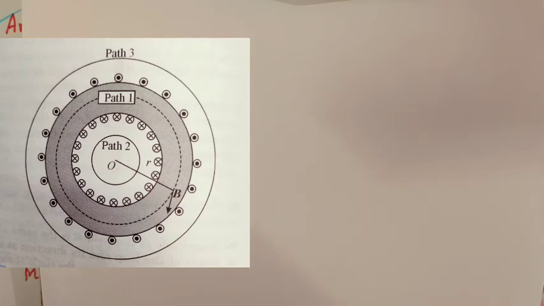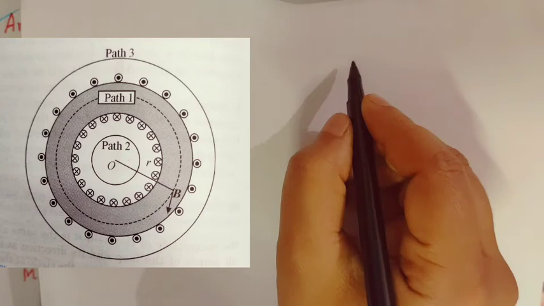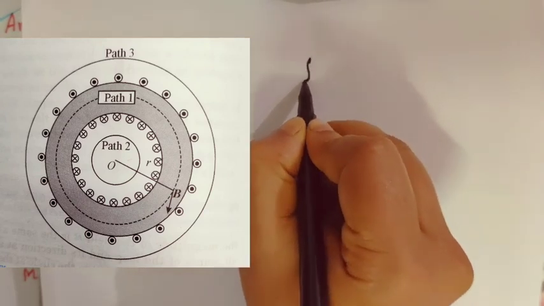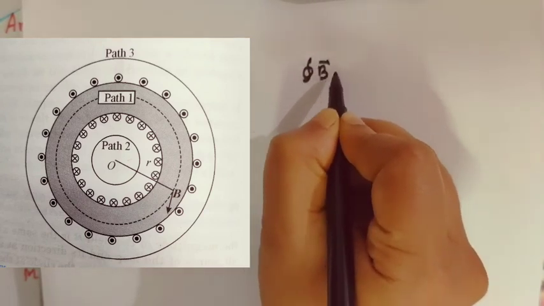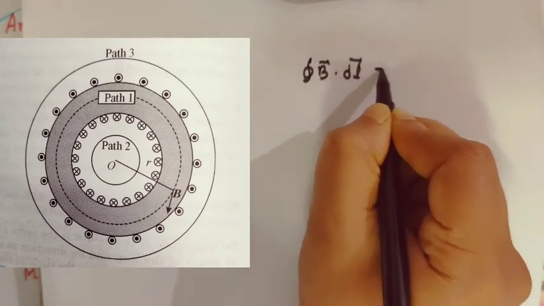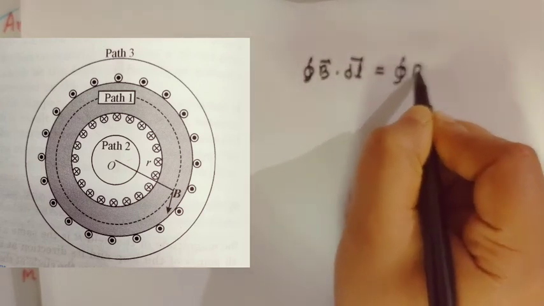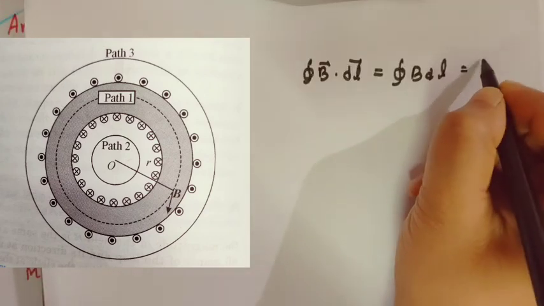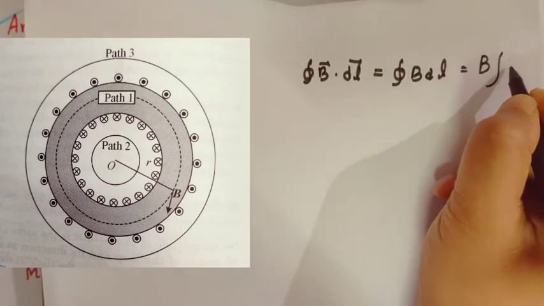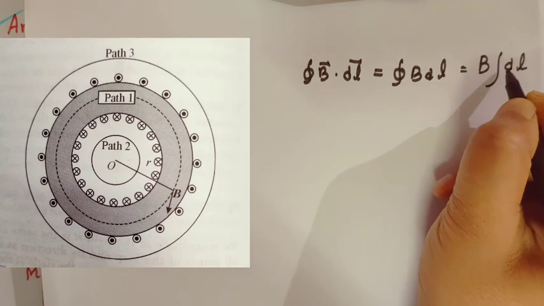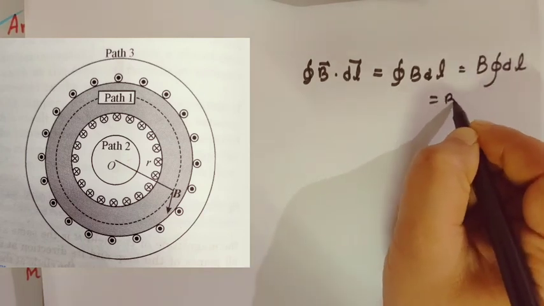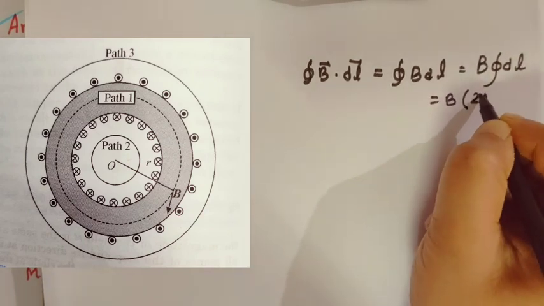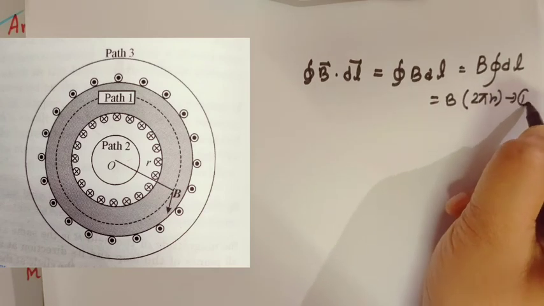Thus, the line integral of the magnetic field B around the circular loop is, we can write, closed integration B dot dl is equal to closed integration B dl is equal to B integration dl is equal to B into 2 pi r. Give this equation number 1.